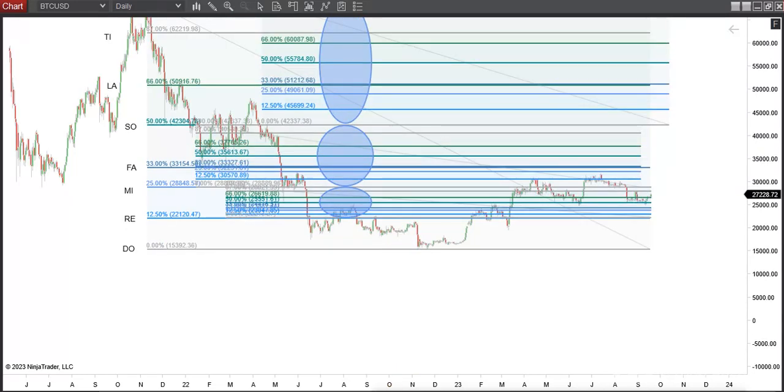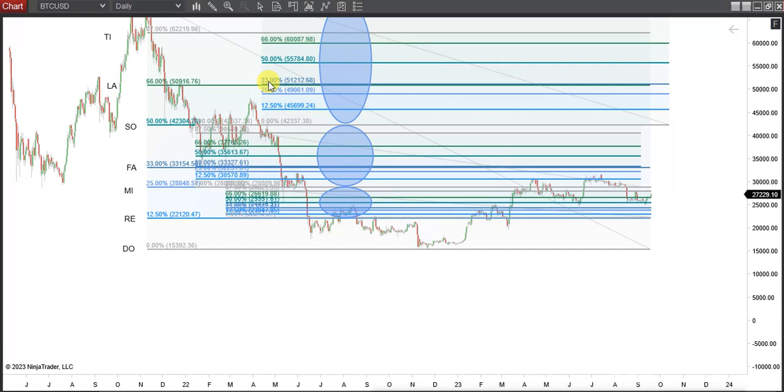Squeezing the chart back down a little bit as we look up from the sol level, from the sol to the higher do at the high, a couple of things you're going to notice in there that are important. The 66% la level is also very close to the fa level of the sol to do octave.